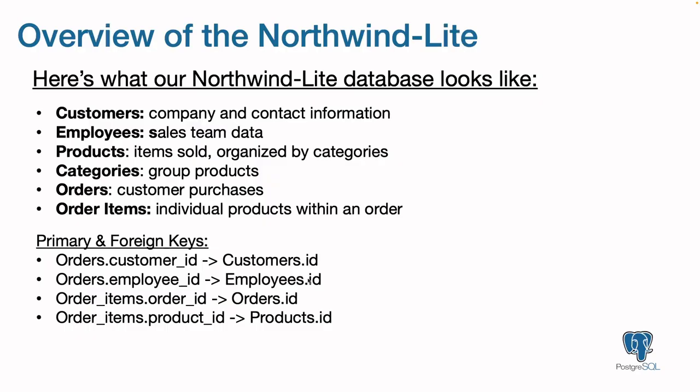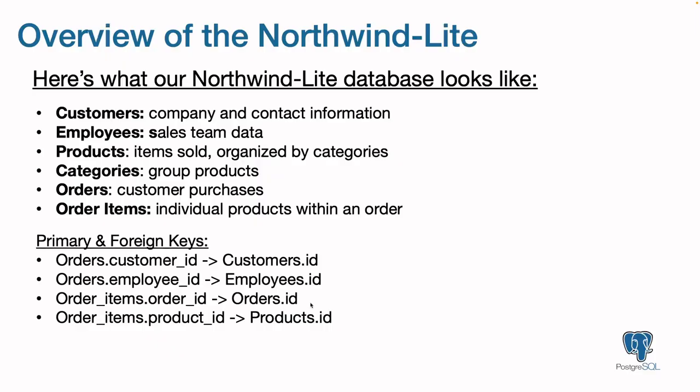If we take a quick look at the primary and foreign keys, we'll see that the customers table's ID is the primary key of the customers table, but is the foreign key in the orders table. And if you take a look at the employees' primary key ID, it's a foreign key in the orders table.